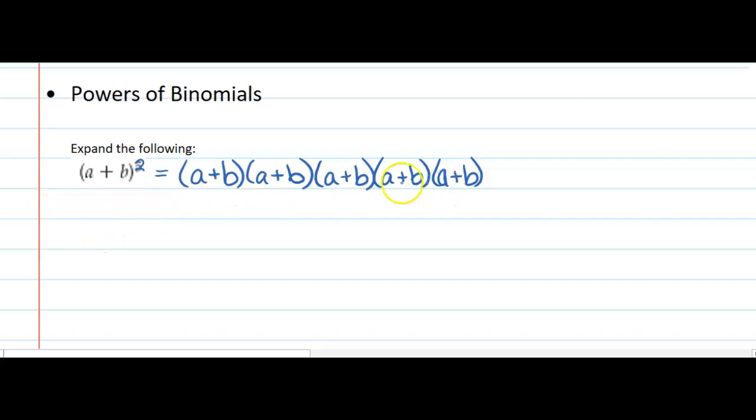In order to multiply this, we would have to FOIL or box the first two terms. We would have to FOIL or box the third and fourth. Then we'd have to multiply them together, which would be a trinomial times a trinomial. And then we'd have to multiply that by this last binomial. That's a lot of work.